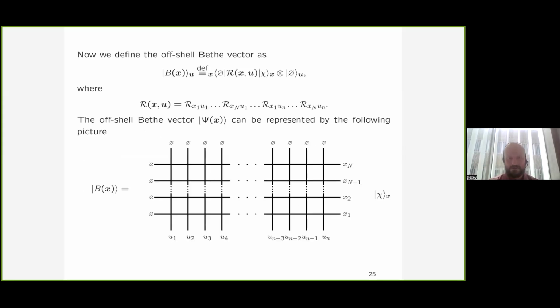Okay, this now let's call the weight function. What is the weight function? I just write this wave function in terms of components. I project this state B of x on some state in my quantum space.